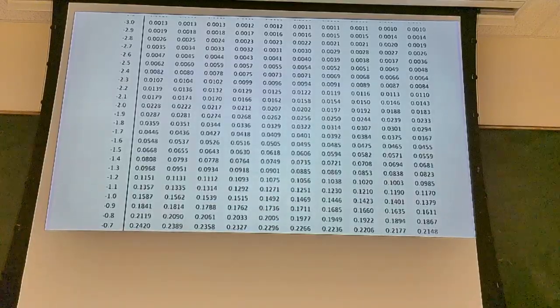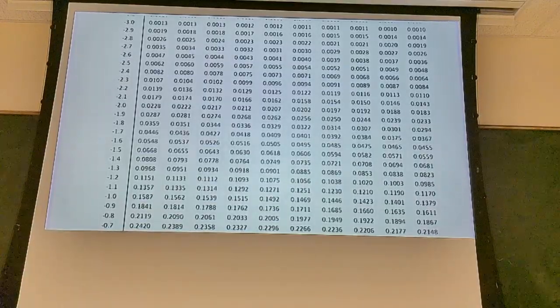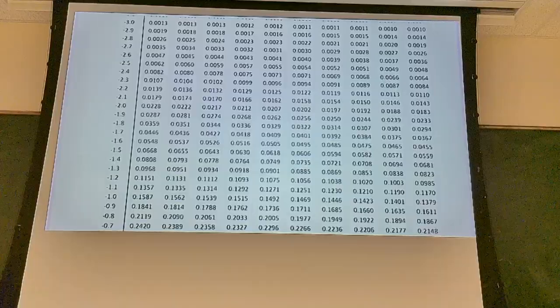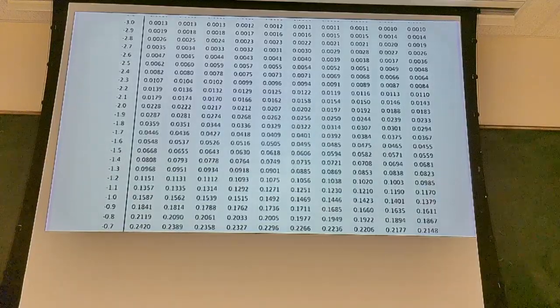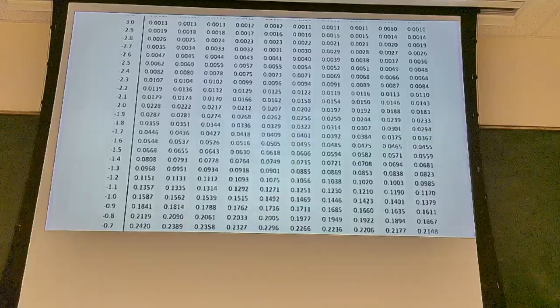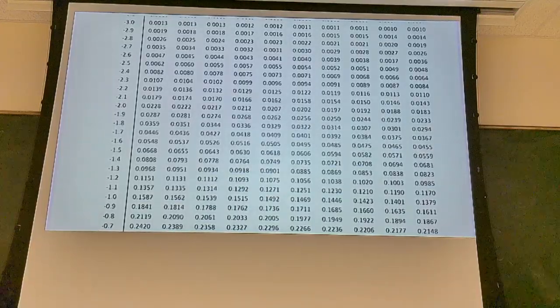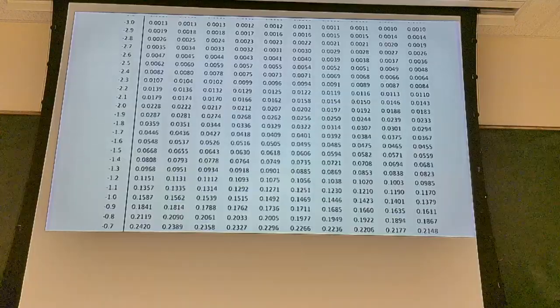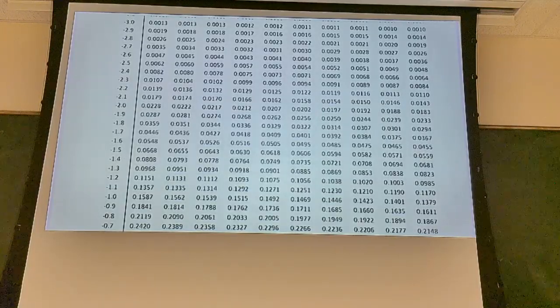Generally speaking, if it's going to be between two z-scores, we just take the average of those two z-scores, which would be negative 1.285. However, of the two, negative 1.28 and negative 1.29, which one is closer to an area of 0.1?